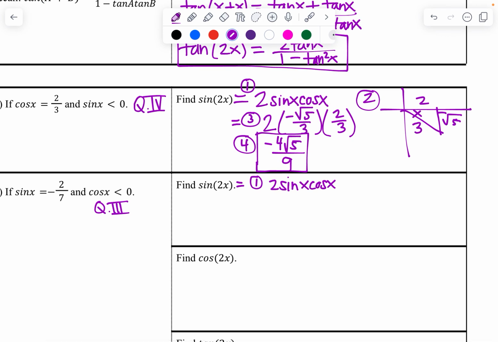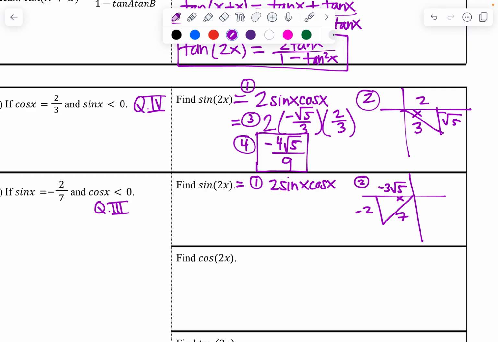So if I draw my reference triangle, I'm now over in quadrant 3. And so if the sine is negative 2/7, by Pythagorean theorem, 7 squared is 49 minus the leg squared, which would be 4, gives us 45. So square root of 45 is divisible by 9, so we can break it down as negative 3 times the square root of 5.